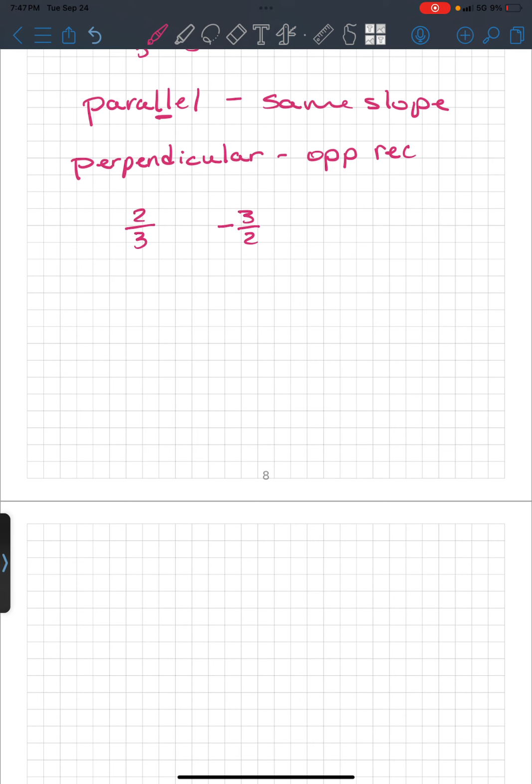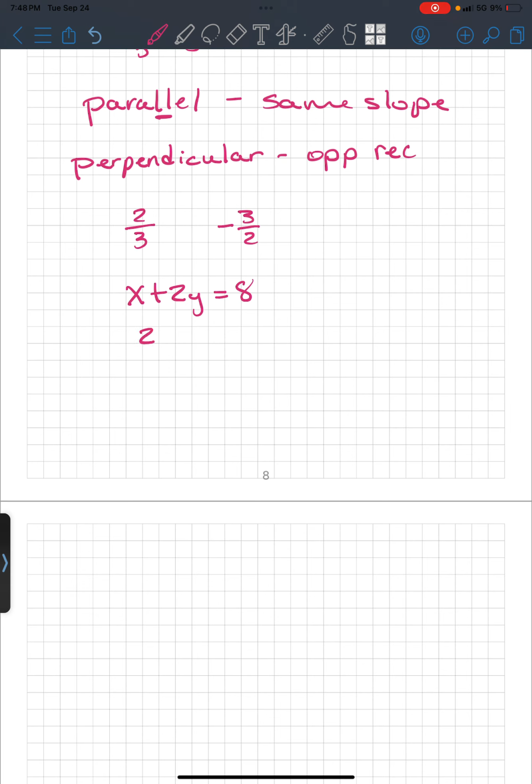Okay, so in example 4, if you look with me, it says write a standard form equation of the line passing through -2, 3 and parallel to x plus 2y equals 8. Well, first you need to find the slope. So if you solve x plus 2y equals 8 for y, you will be able to find the slope.